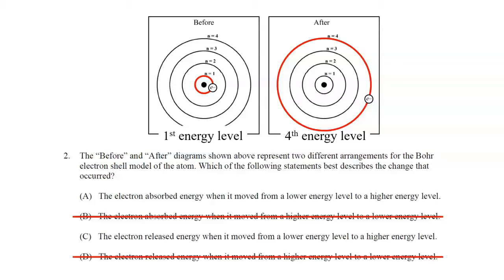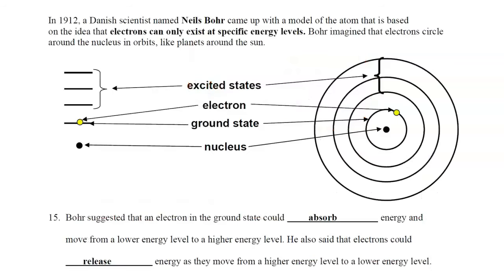So let's think about whether energy is absorbed or released. In your packet entitled Electron Configuration, I had presented the Bohr electron shell model of the atom, and it says, Bohr suggested that an electron in the ground state could absorb energy as it moves from a lower energy level to a higher energy level.